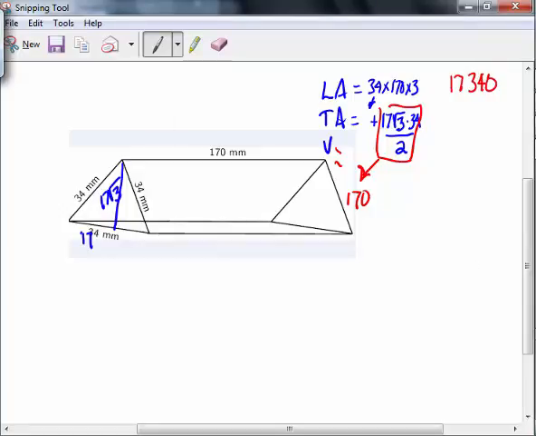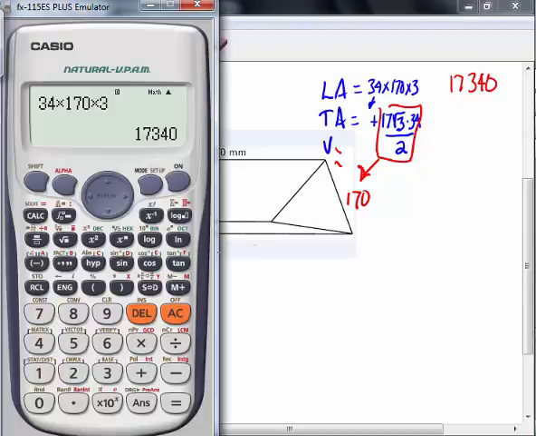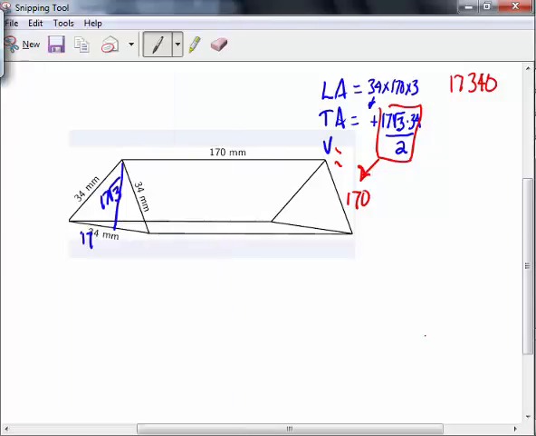The base of the triangle is 17 square root 3 times 34 over 2, which is 500.56.